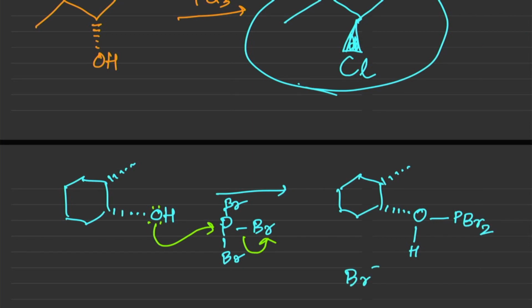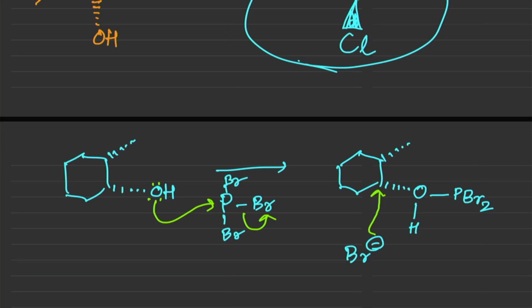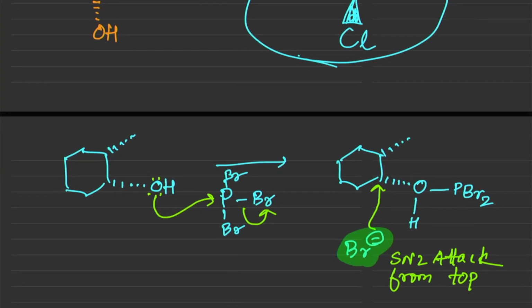This is where the fun happens. So Br minus will do an SN2 attack from the top, right? Why the top?